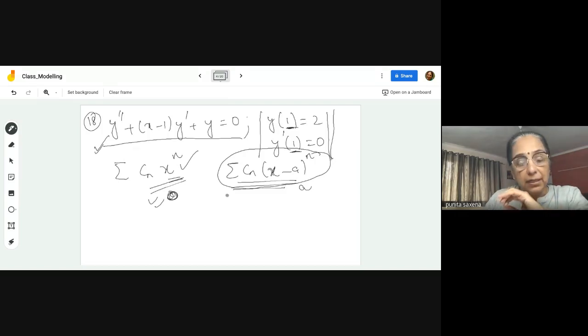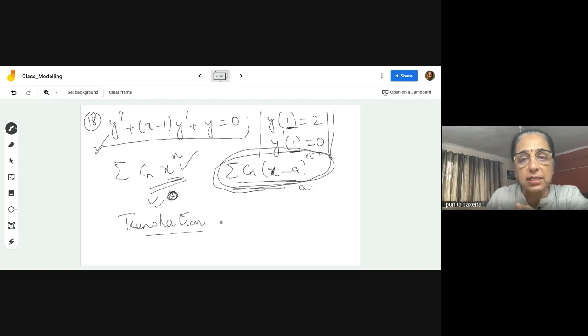But it becomes cumbersome if we start with this as the general solution. In mathematics, we have an operation called translation, where we can always shift, like shifting your origin, so that instead of 0, now your origin will be A.